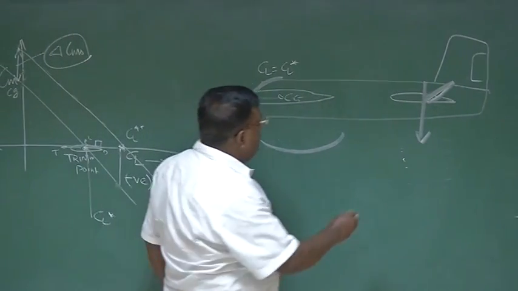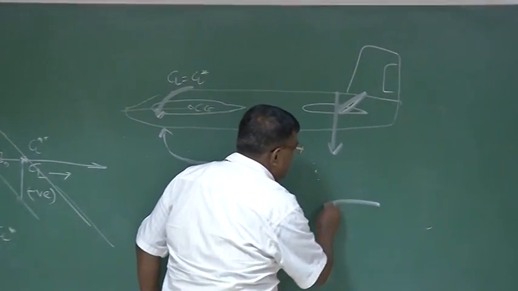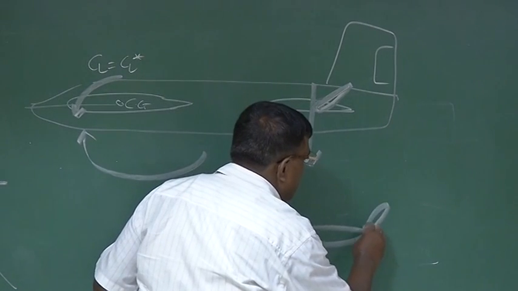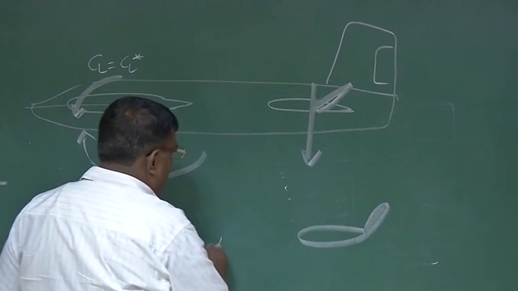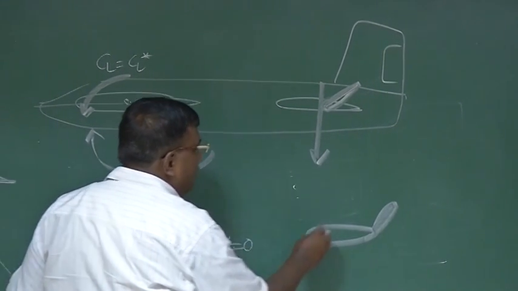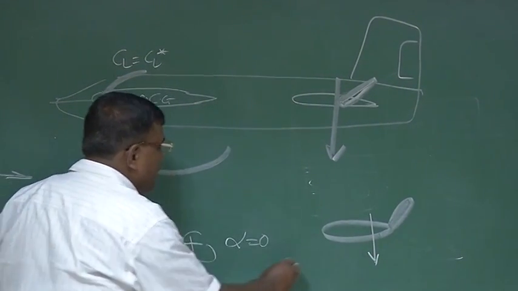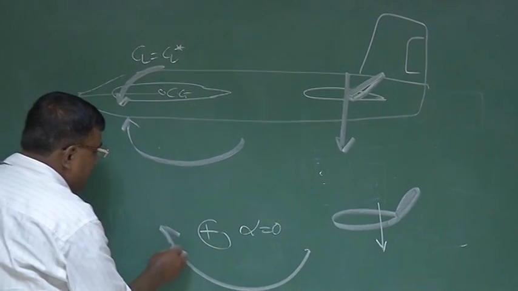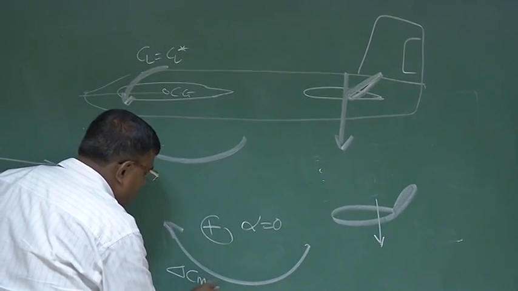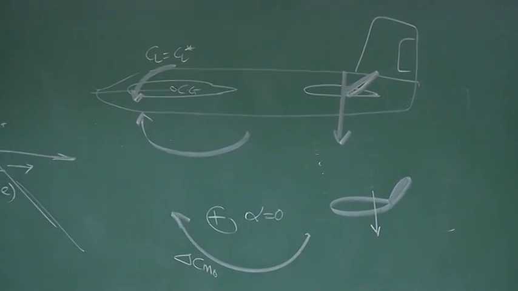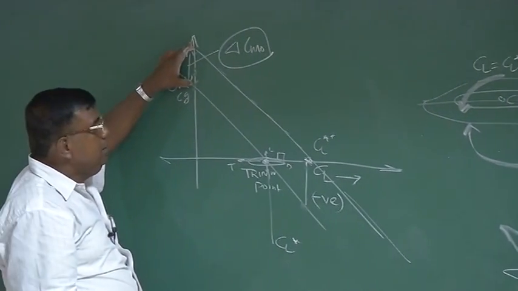You see, the moment I am putting the elevator up like this, and at alpha equal to 0, this is giving moment about Cg, and this is what is delta Cm naught. This is here. Is it clear?